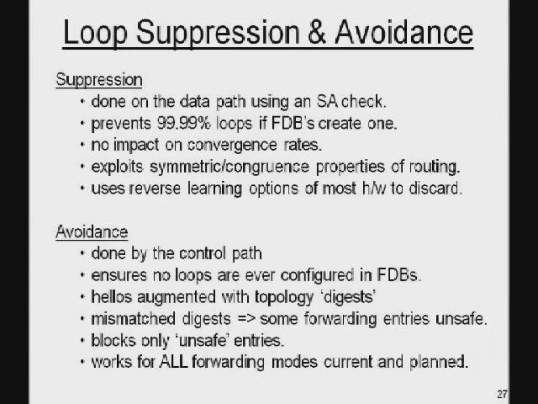And the avoidance mechanism is based on an agreement protocol. The agreement protocol is sort of best described as I agree with each of my neighbors not to move a particular forwarding entry more than a certain distance. And it turns out that if you bound the distance over which a forwarding entry can be moved, and everybody agrees to bound it within certain ranges, then sort of by induction you can prove that a loop is not possible.